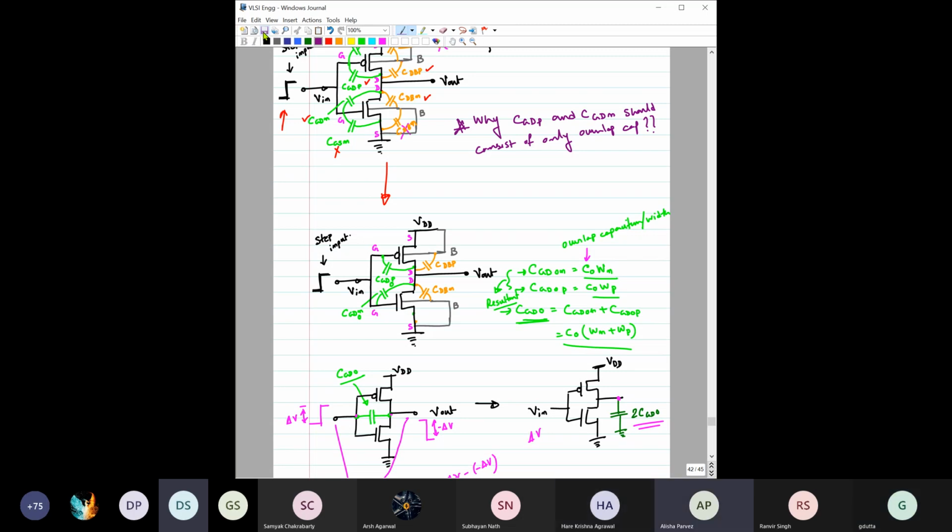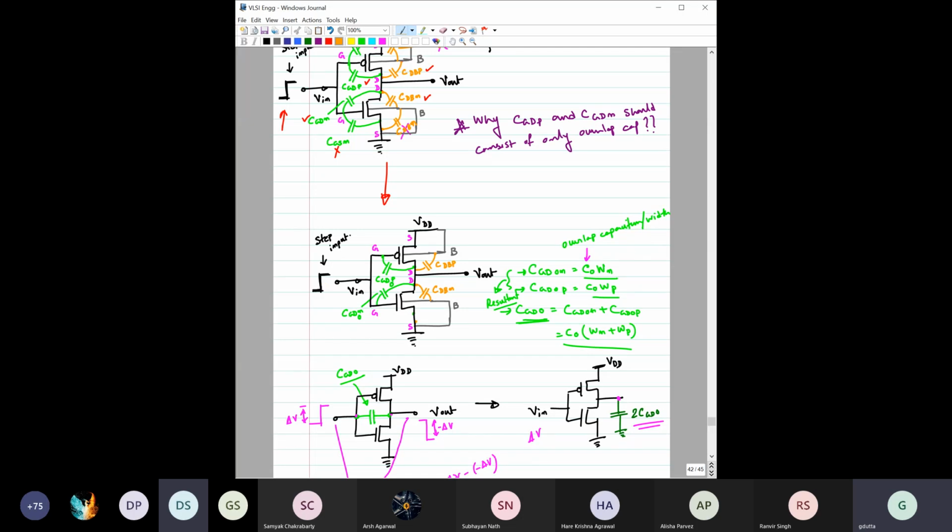There should be no gate to drain ones because we know the cutoff region. Yes, Alicia, very good. Because these two capacitances are between gate and drain. As I mentioned, for most of the region, the transistor is either in cutoff or in saturation.